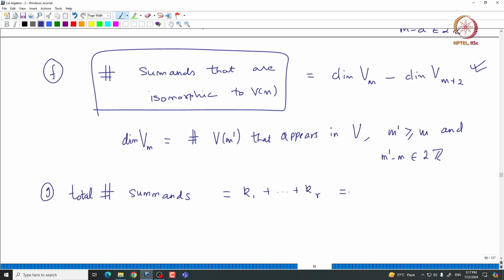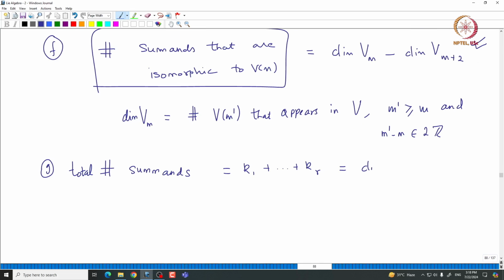So, what is this going to be? This is going to be exactly the dimension of V0 plus the dimension of V1.